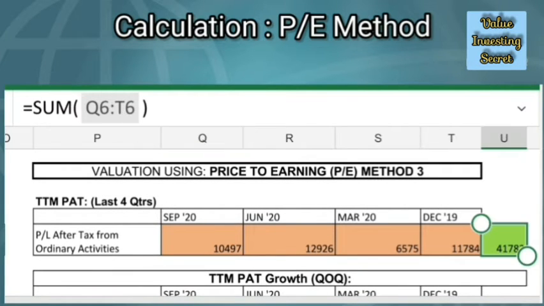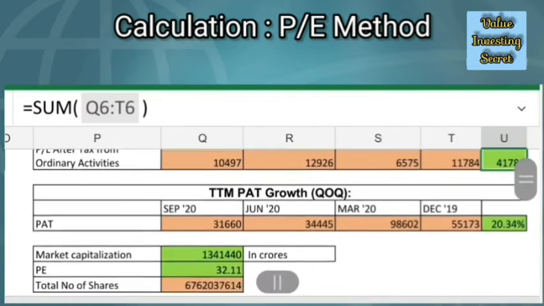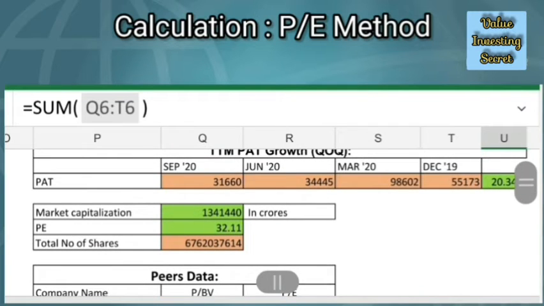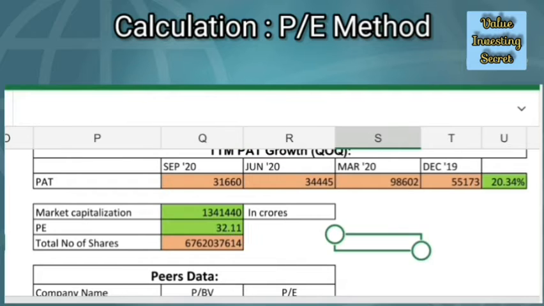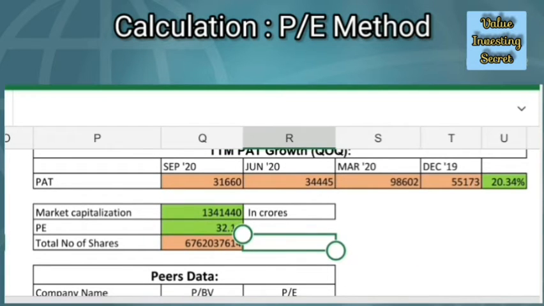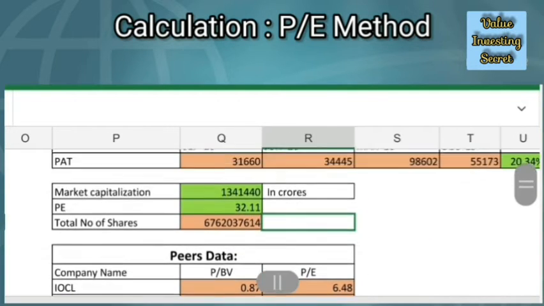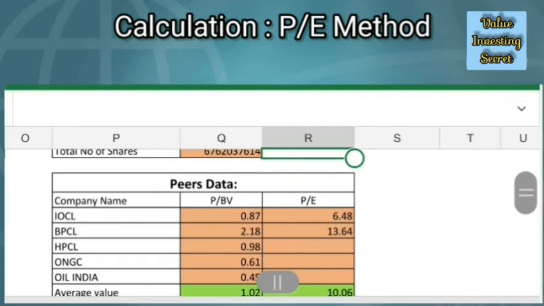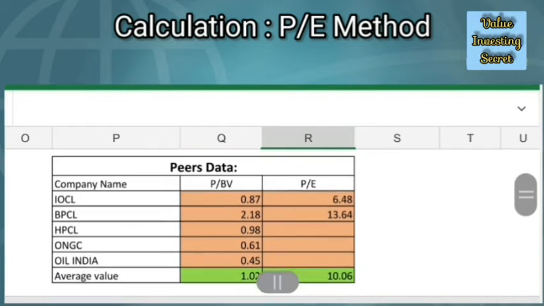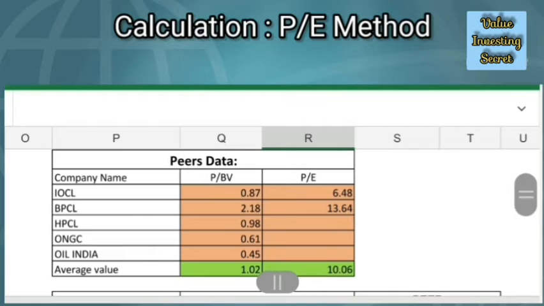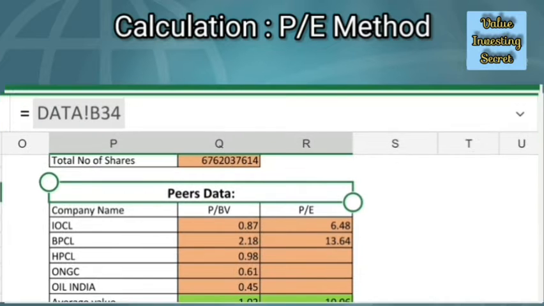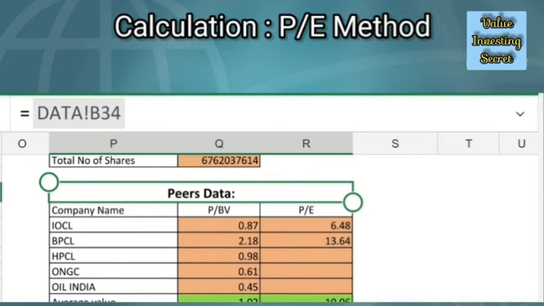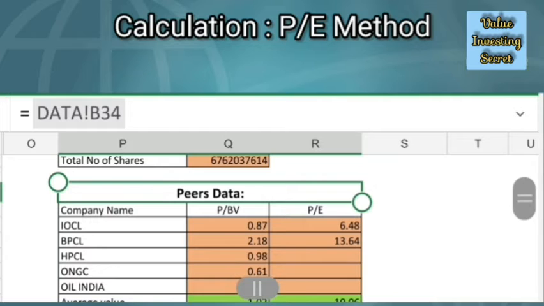So now we have TTM PAT of the company and the PE multiple and the PAT growth rate. So with this we need other data like P to BV value and P to E value of its peers, because we are going to compare the share price of the Reliance comparatively how much high or low to its peers.